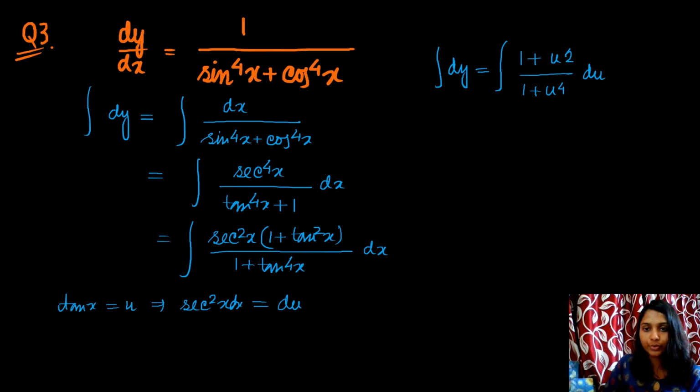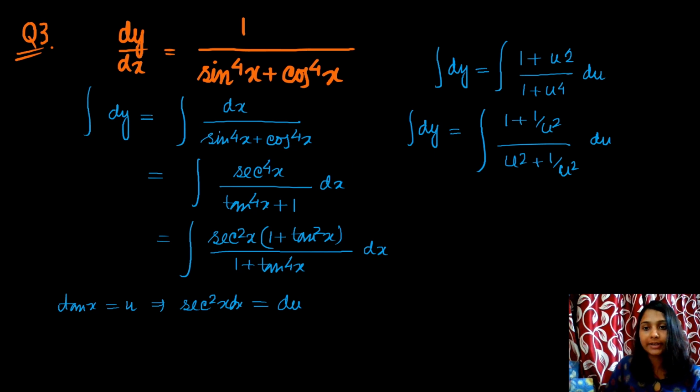Okay, so here again we can divide the numerator and the denominator by u square, and it will give y equals the integral of 1 plus 1 by u square divided by 1 by u square plus u square du.